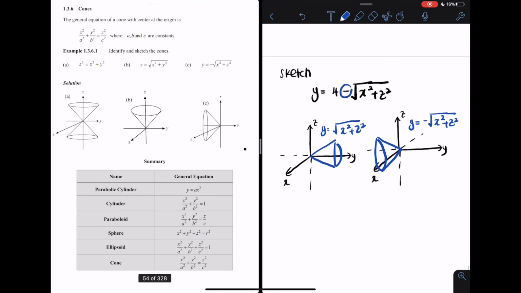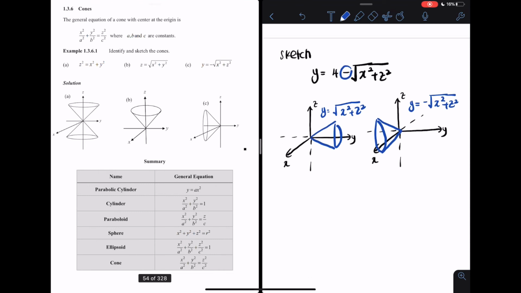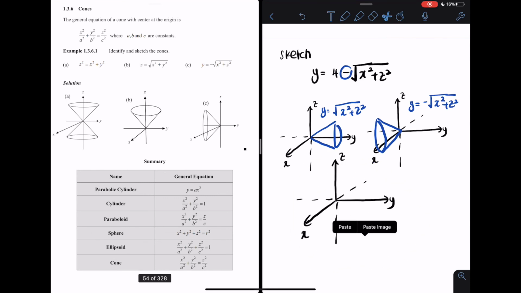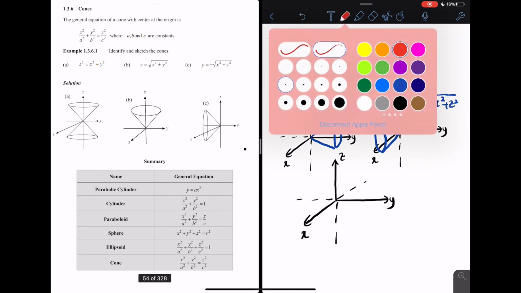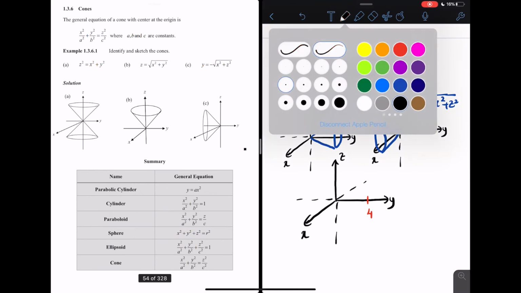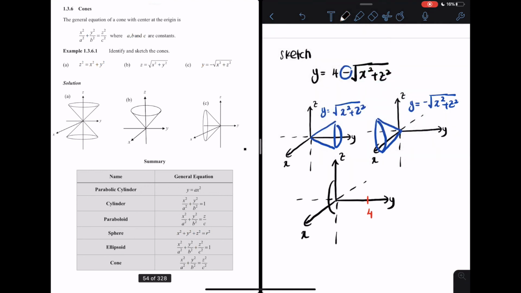But the question asks us to sketch y is equal to 4 minus square root of x squared plus z squared. So right now, you sketch another three-dimensional coordinate system. The cone should be moving 4 units to the right, since you have positive 4. So you have to locate where y is equal to 4 first. Y is equal to 4 is somewhere over here. Therefore, you will get this cone.